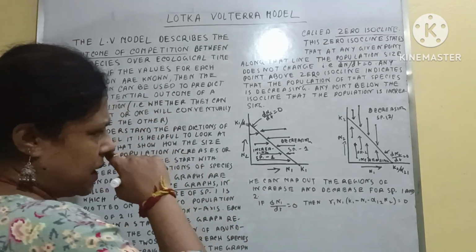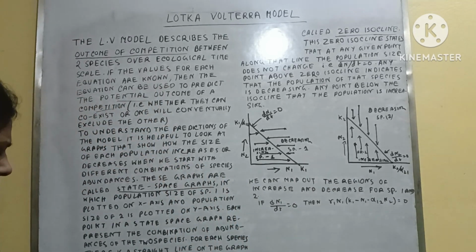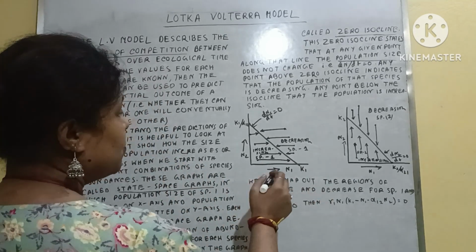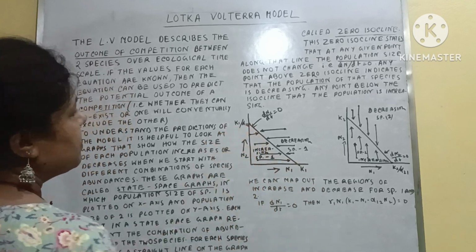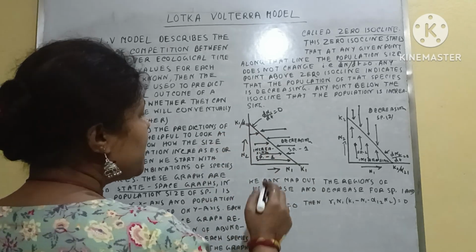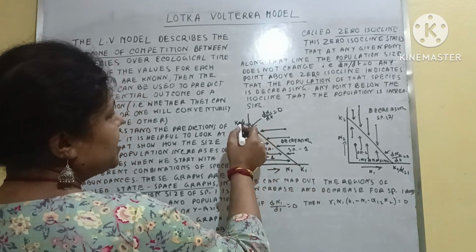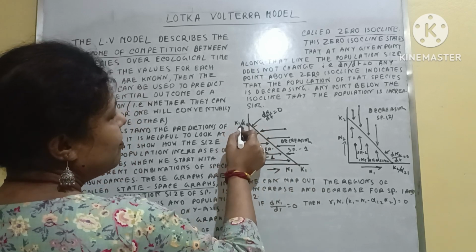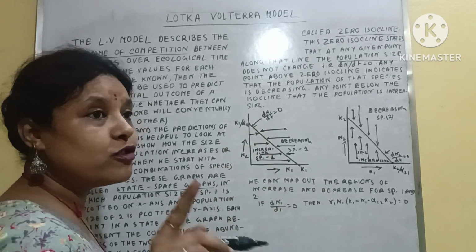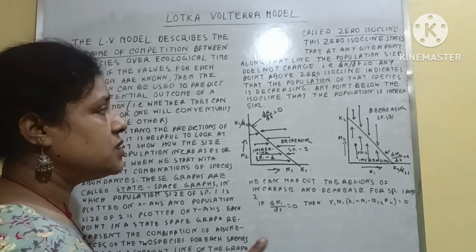Now there is the outcome which we calculate. First of all, what are k1 and k1 by alpha 1 2? This point is k1 and this point is k1 by alpha 1 2, where 1 is for species 1 and 2 for species 2.